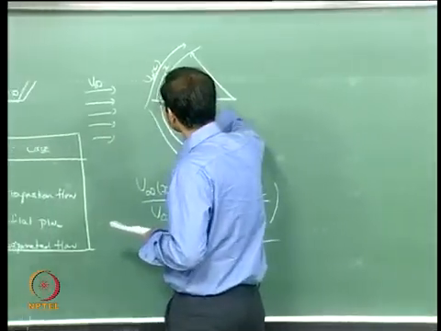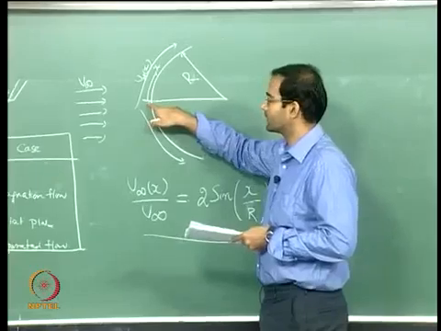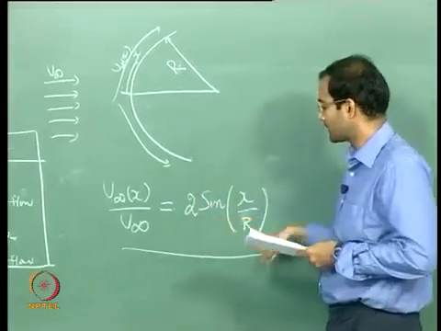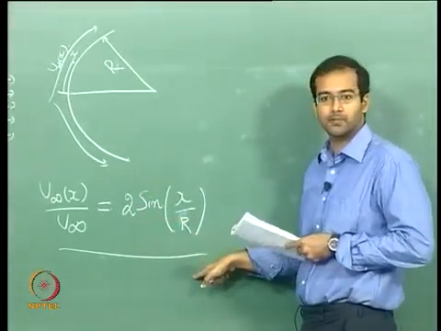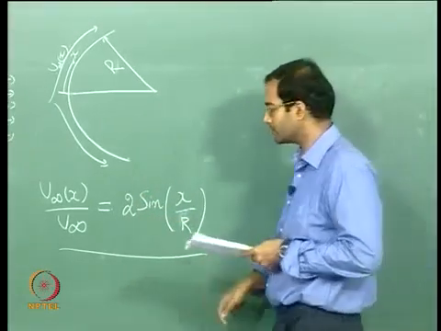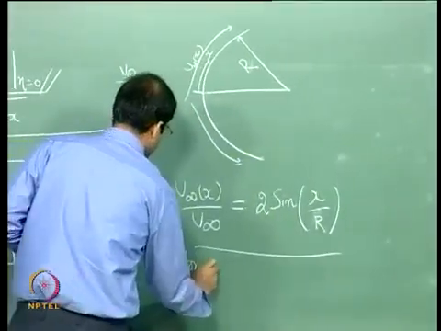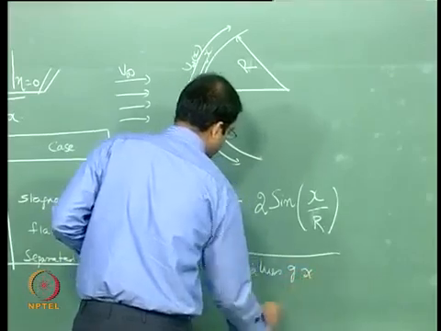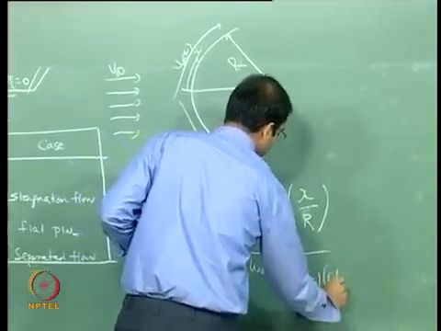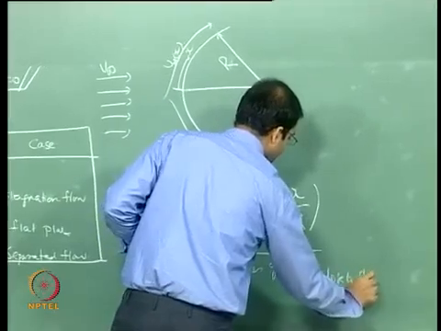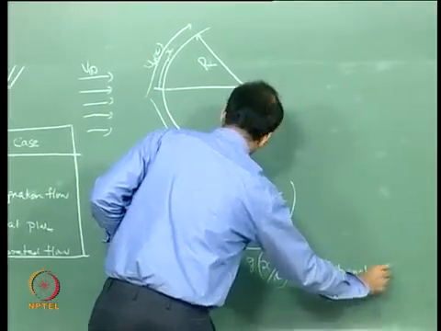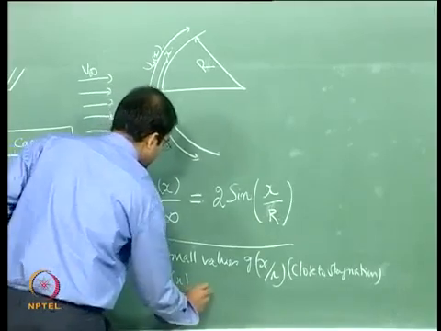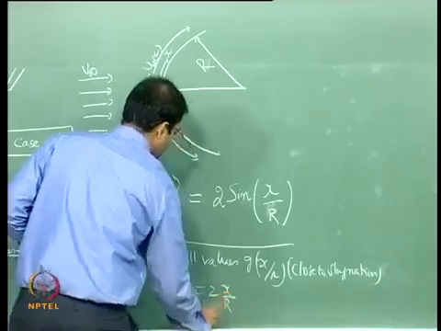Now if you are looking at values of x which are very small, that means close to the stagnation region, then you can approximate sine x by r as simply x by r. So for small values of x by r, close to the stagnation, you can write u infinity by the constant free stream velocity as 2 x by r.